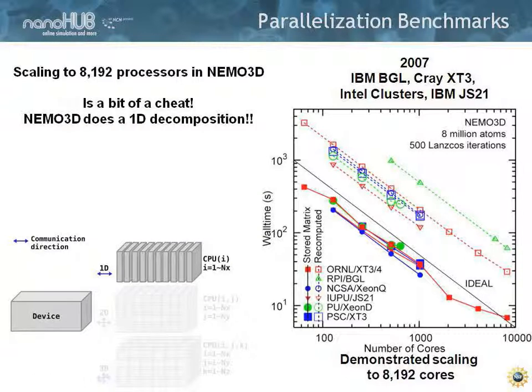But on this example here, I'm cheating a little bit. What I did is, and I mentioned this, that NEMO3D has a 1D slicing, okay? That means if I want to have 8,000 slices, and I have limited memory, that means I have simulated a really long nanowire that's very thin. Okay? This is not what I'm really after. All I wanted to demonstrate is that this kind of algorithm can scale to more than 8,000 cores.